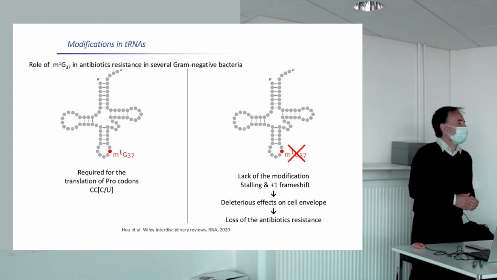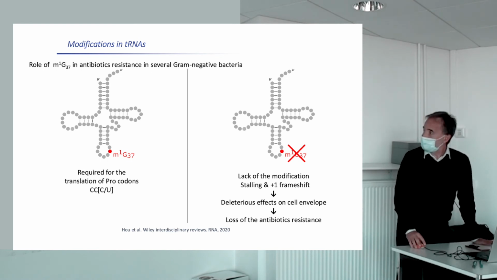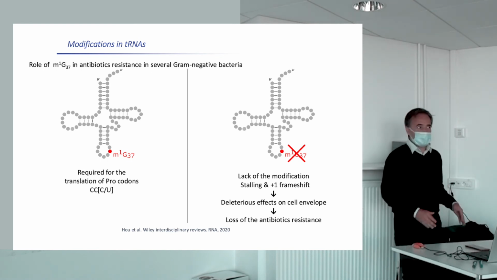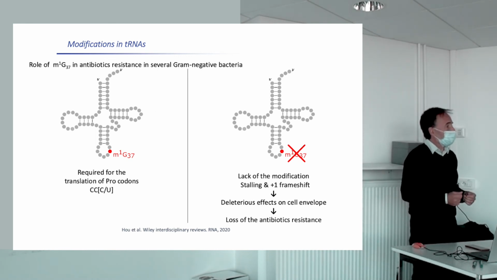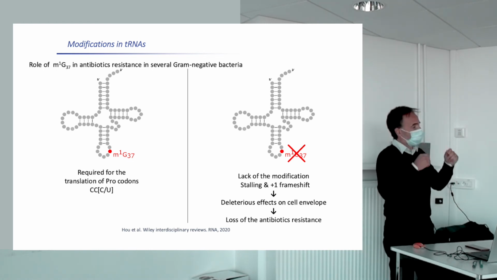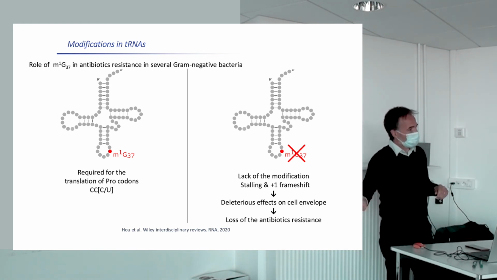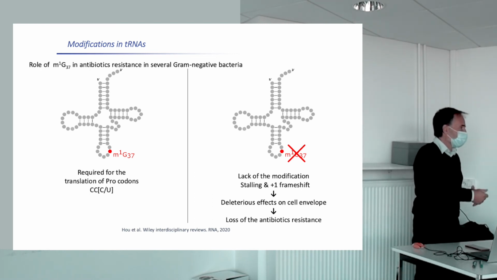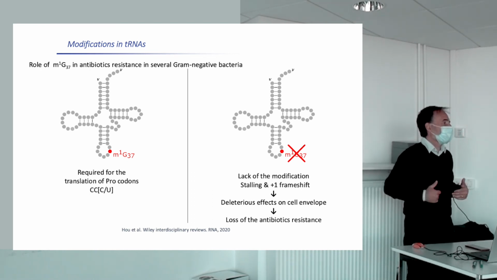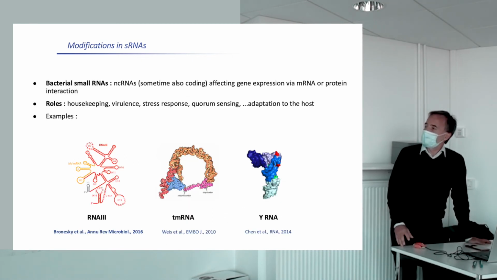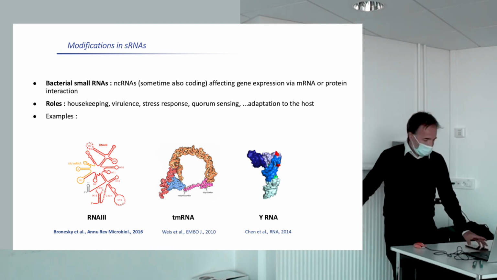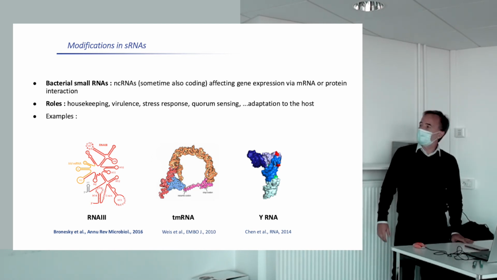This will be interesting to understand better, but what is clear is that by targeting this enzyme, TrmD, we can have the possibility to sensitize the bacteria against antibiotics. So we can have a combination of an antibiotic treatment with another molecule that will inhibit the resistance due to the presence of the efflux pump for the antibiotic. Okay, those are the few examples I wanted to give you for the tRNA.